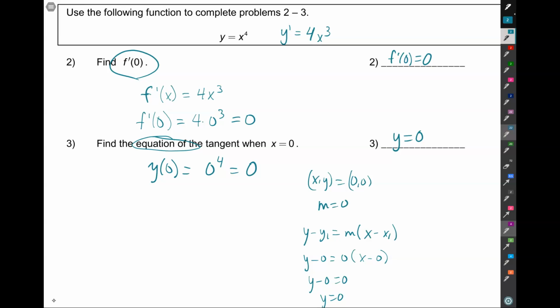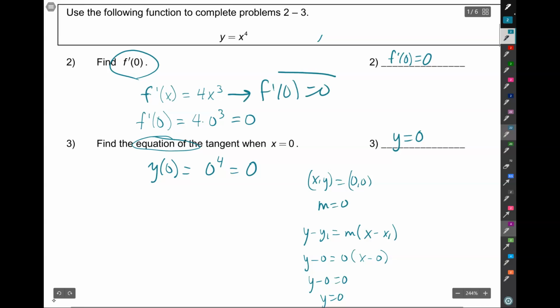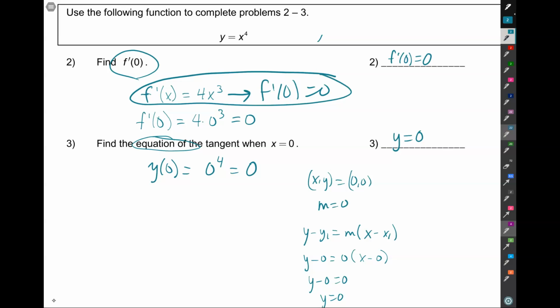Can you show the derivative for number 2? I want to see you find the derivative and plug in at the point. Then you could go straight to saying f prime of 0 equals 0. Sometimes I show extra steps, but for number 2, that's all you have to show.